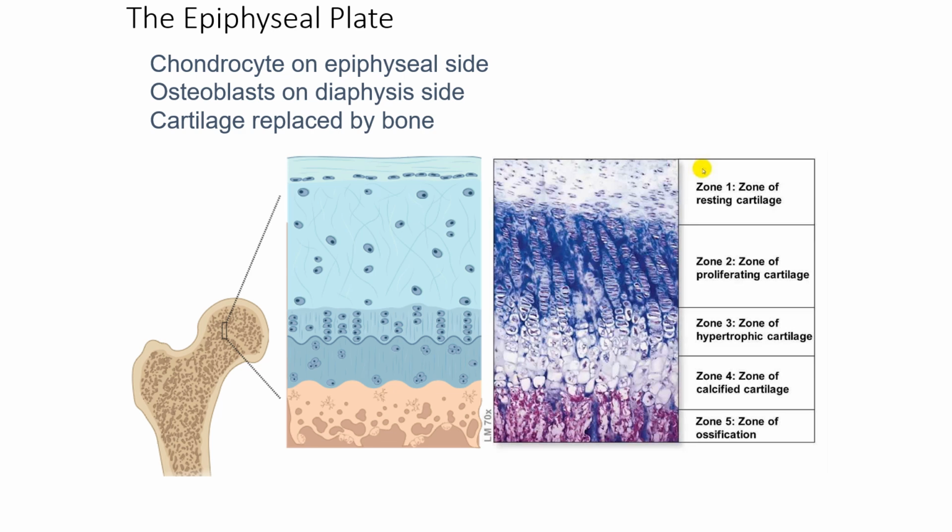This histological inset here is actually really good, but it can be hard to understand. But what it's showing you here is the epiphyseal plate. At the top of the picture, you can see the chondrocytes and the cartilage. That blue swath there is a bunch of chondrocytes doing mitosis and replicating themselves.